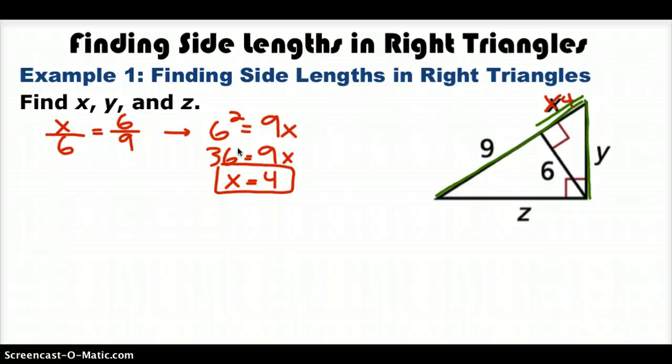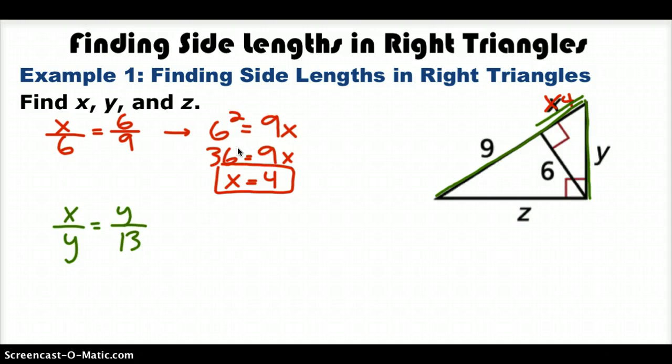In this particular case, we would set this up as x is to y as y is to the entire length, which is 9 plus 4, which is 13.